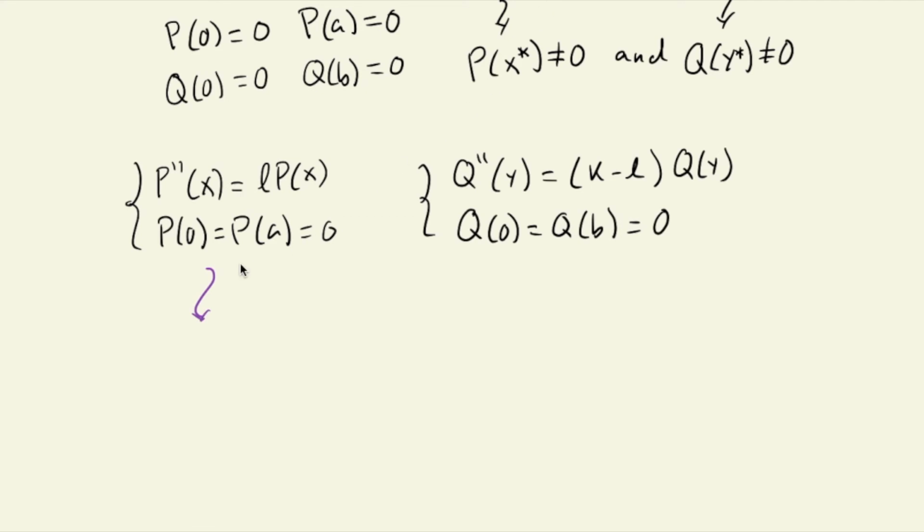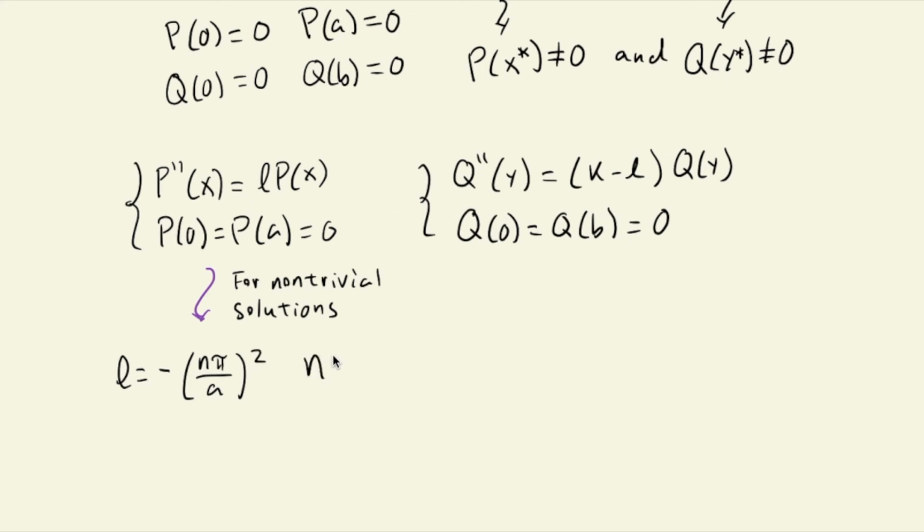So we know that for non-trivial solutions, this constant L must be equal to negative n pi over a squared, for n some integer greater or equal to 1.